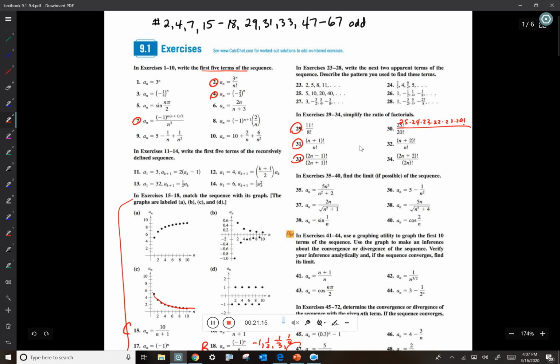If that's all over 20 factorial, wouldn't the 20 on down cancel the 20 on down? So it's just going to become 25 times 24 times 23 times 22 times 21. So just think about that.